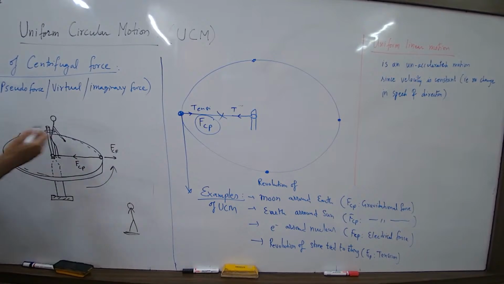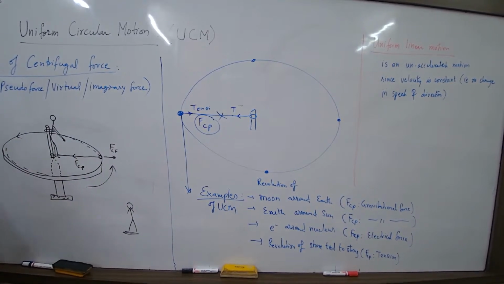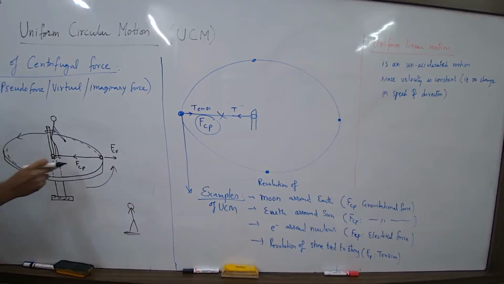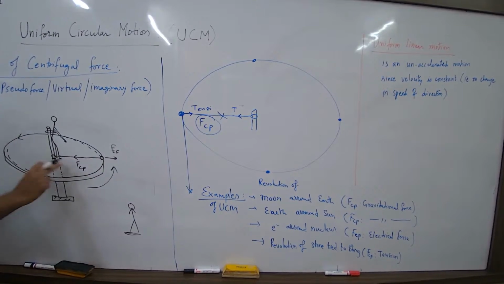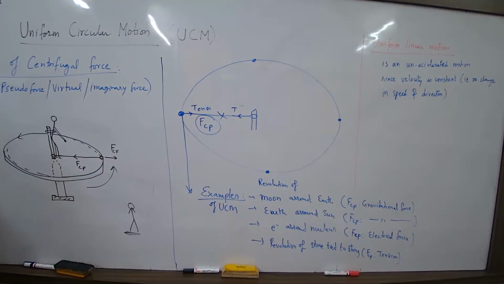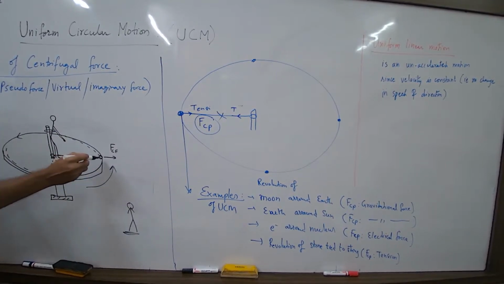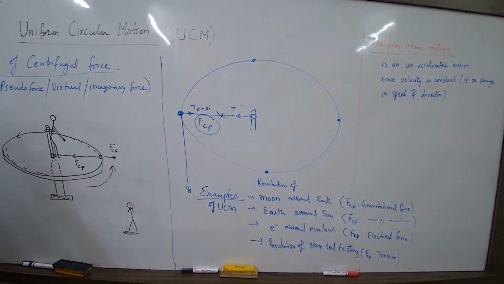Otherwise, we have seen a circular motion is not possible. Any object undergoing circular motion has to experience centripetal force towards the center. It's a rule. So this is a real force, right? So for him also the situation is okay, but he is not seeing this ball rotating. He is always seeing the ball in front of him, but it is stretched.